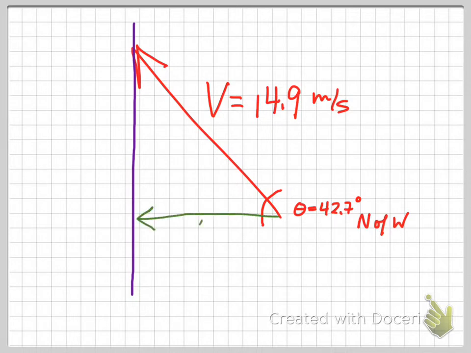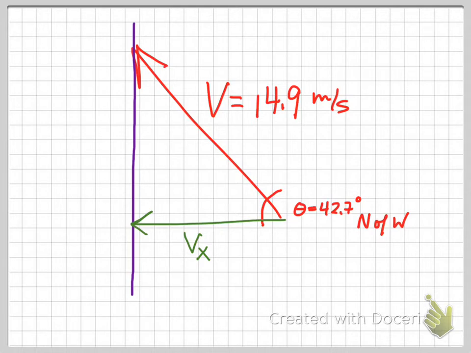It's not a straight line, but it's supposed to be. Let's fix that. Then what would have to be my x velocity? So in other words, what's the x component of that velocity?